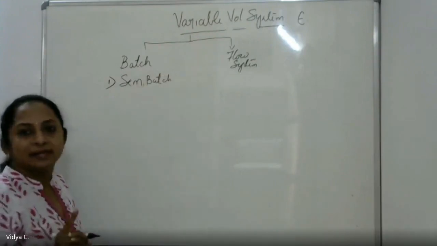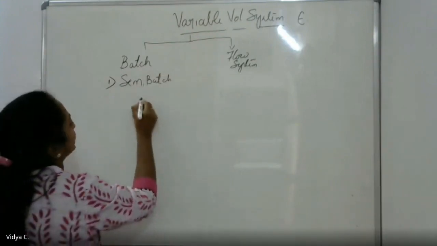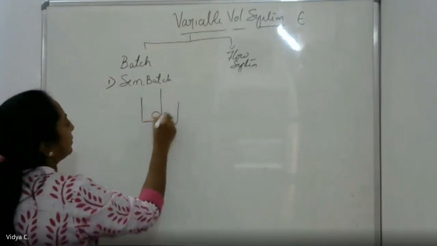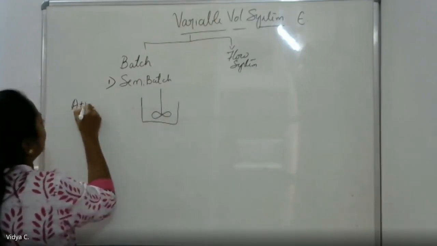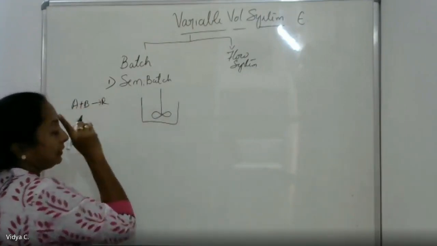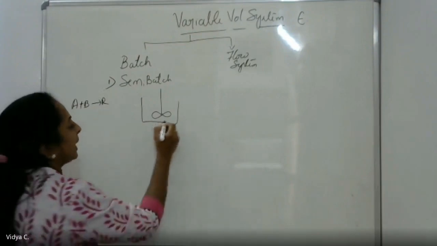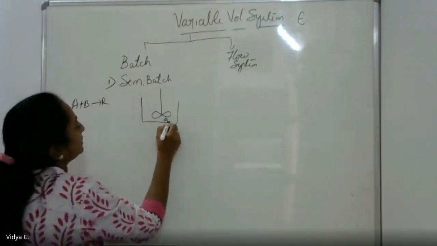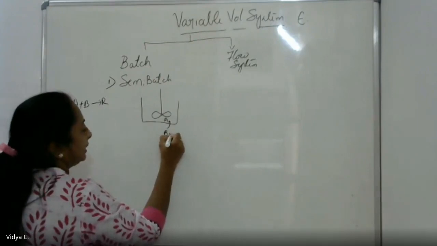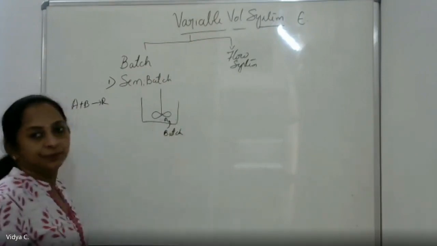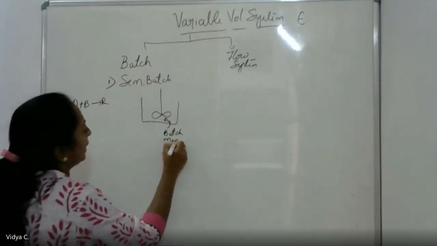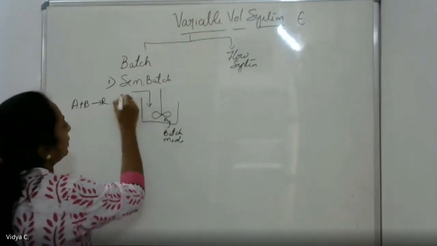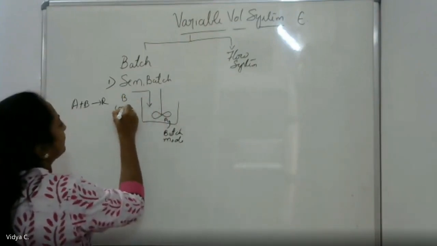What are these semi-batch reactors? Now here, suppose I have a reaction A plus B gives R. Here, one reactant will be in batch mode. A is in batch mode. It is taken in the reaction vessel. And B will be allowed to pass continuously.